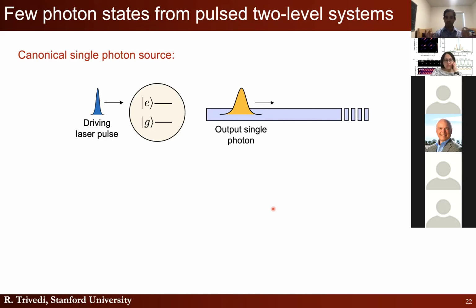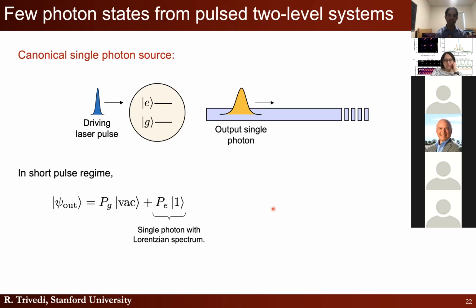And so by choosing your laser pulse properly, you can use this as a source of on-demand single photons. You can generate the single photons whenever you would like by appropriately gating your laser pulse. And depending on this laser pulse, you can in fact prepare your output state in the short pulse regime. If your laser pulse is much shorter in time domain compared to the time scale at which the localized system decays, you could prepare your output state as a superposition of either having no photons or a single photon.